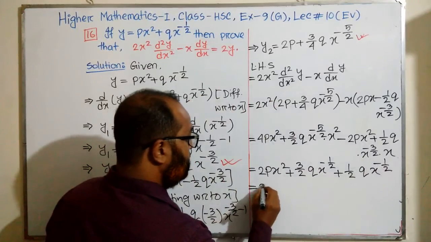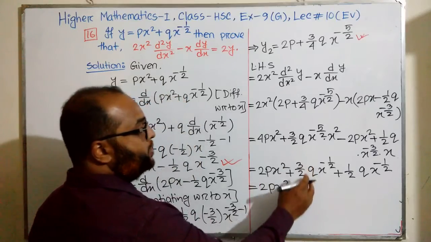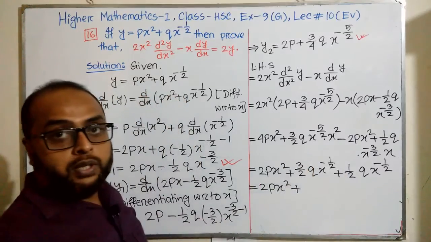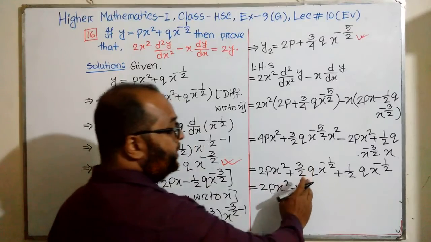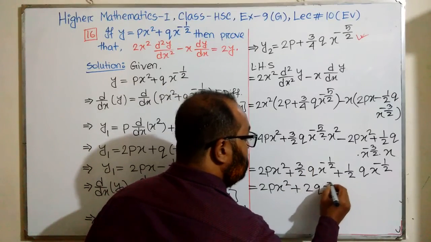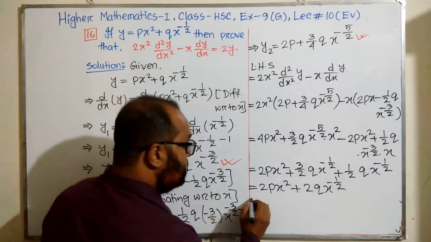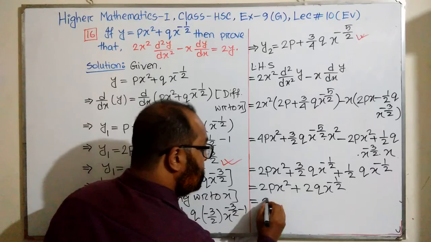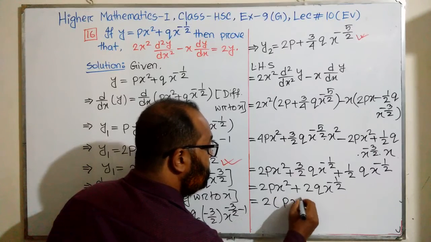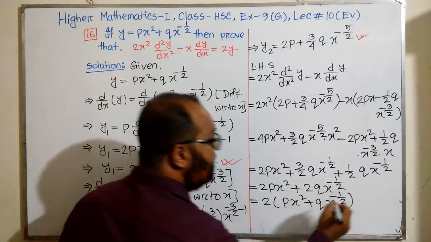So this equal 2px square plus here 3 by 2 and 1 by 2, this will add, this can be written as 2q x power minus 1 by 2. This equal, we can take 2 as common, 2 times px square plus q x power minus 1 by 2.